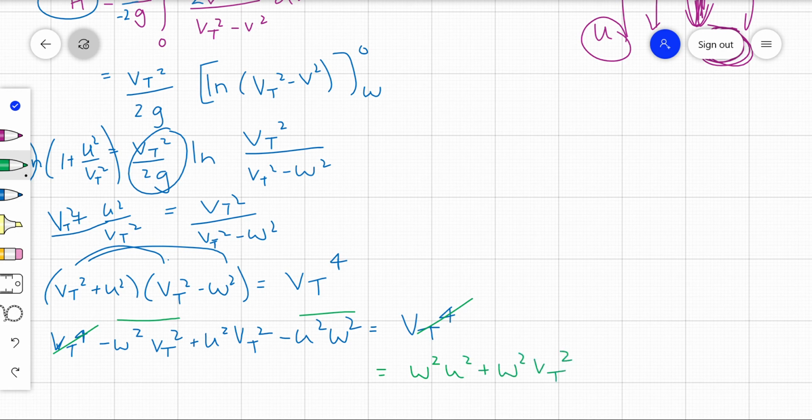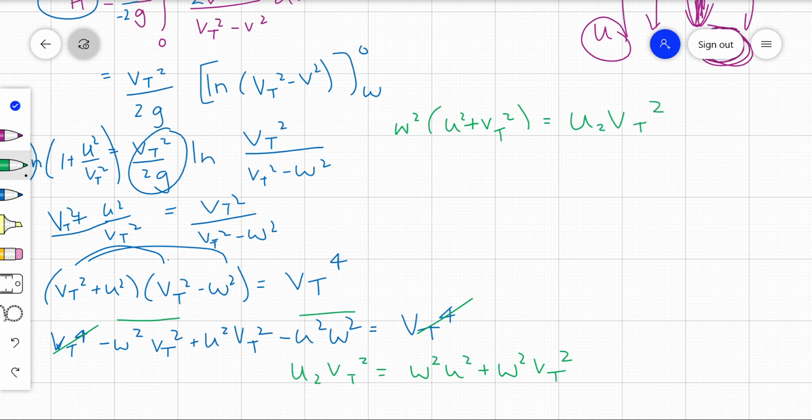And on this side, what's left is u squared vt squared. I think that is what's left. So if I want w squared by itself, I'm going to have to go up here. I've got w squared and u squared plus vt squared. You're probably much quicker than me at this bit.